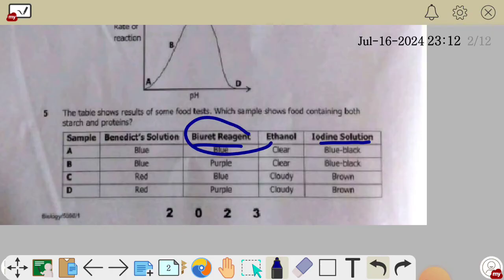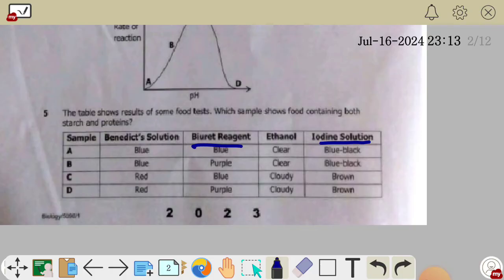When you are testing for proteins, the positive result in the food should turn purple. So when the food solution turns purple, that is a positive result for biuret reagent. And for iodine solution, when you are testing for starch, the positive result should be blue-black.